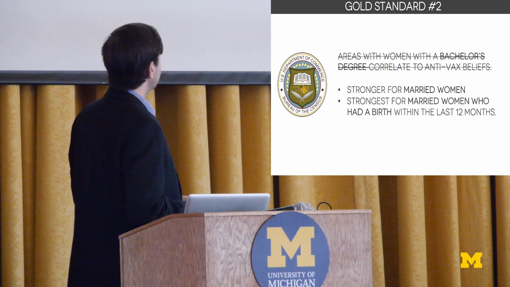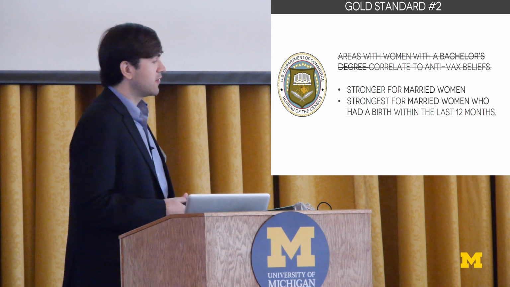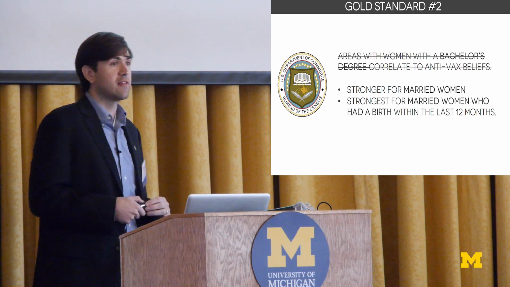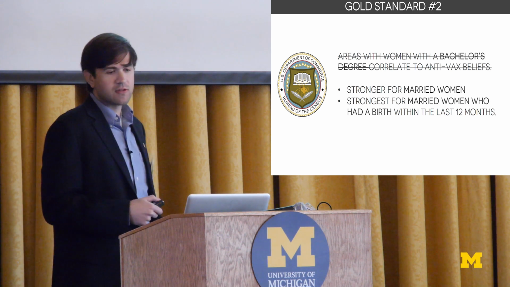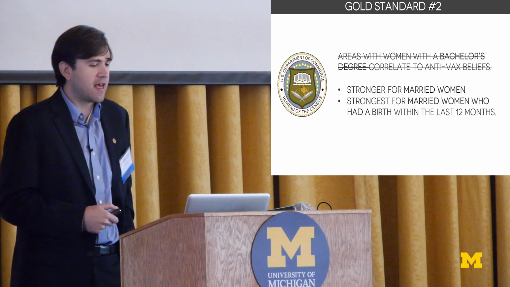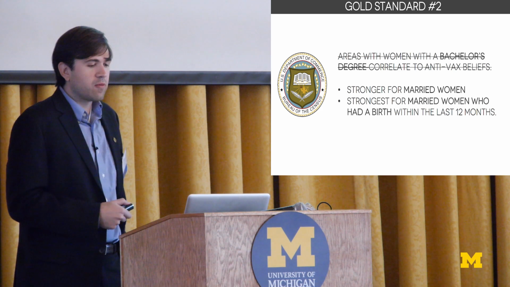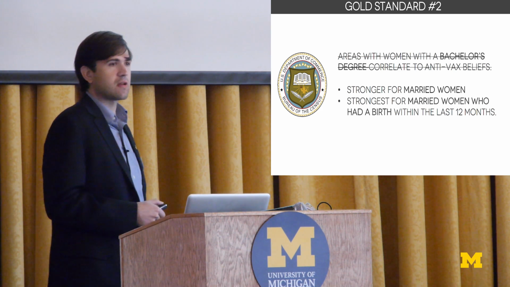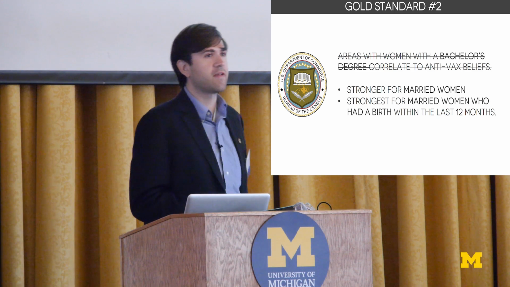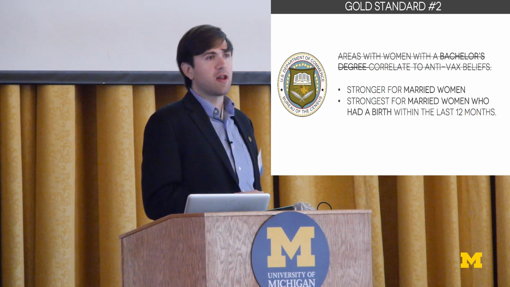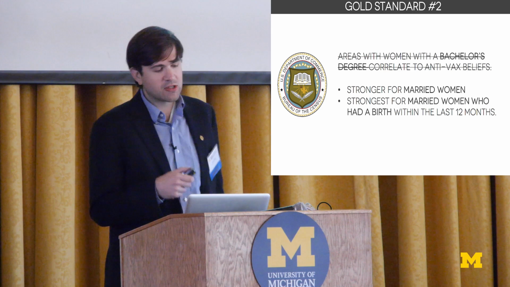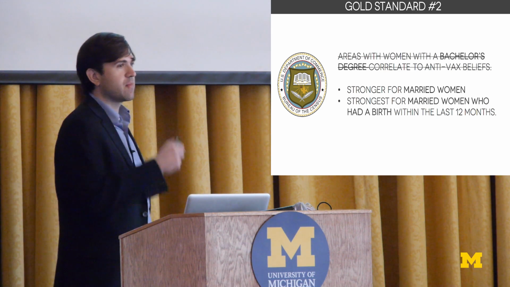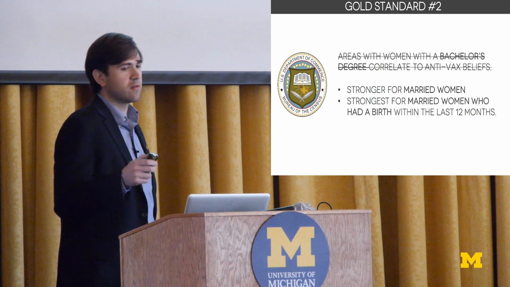If we compare this to the sentiment data, we lose the main effect. In fact, the idea that women with bachelor's degrees in an area affects the amount of anti-vax talk completely disappears. That effect is no longer significant in our model.